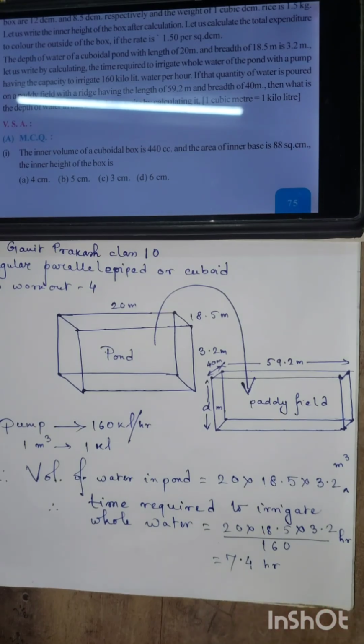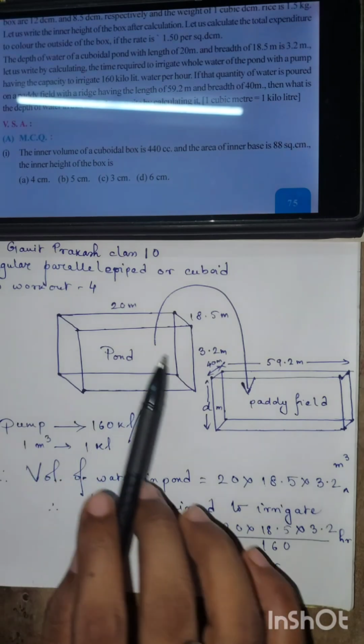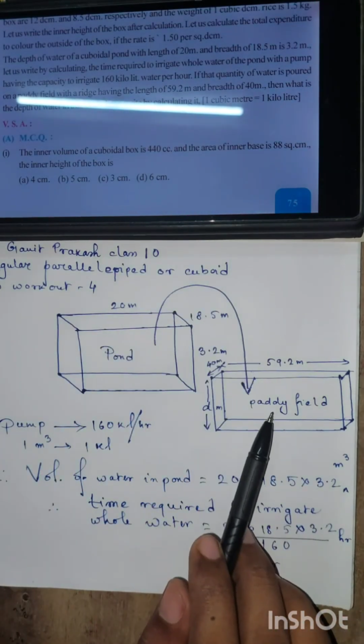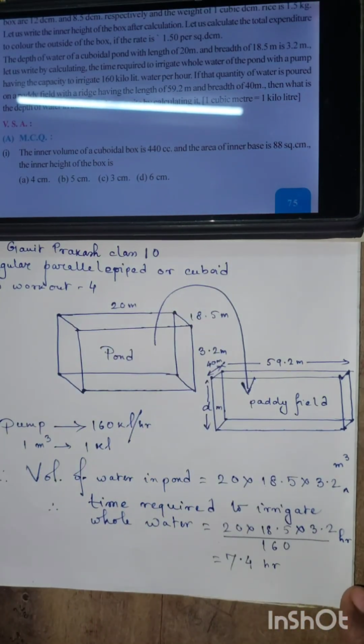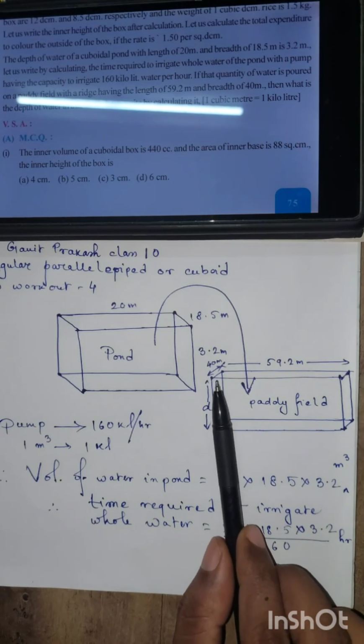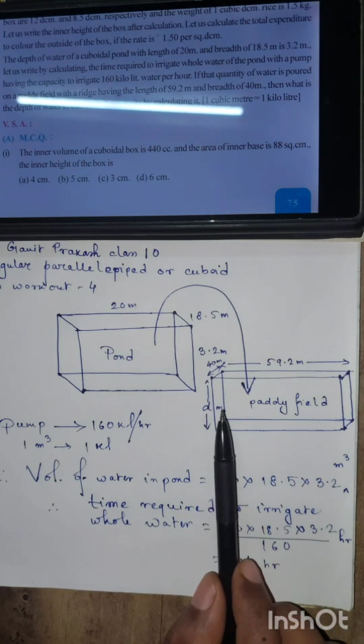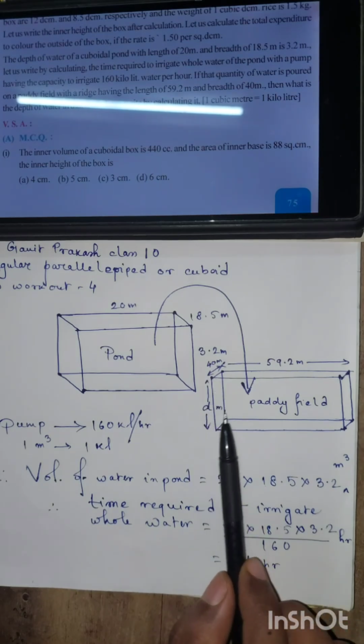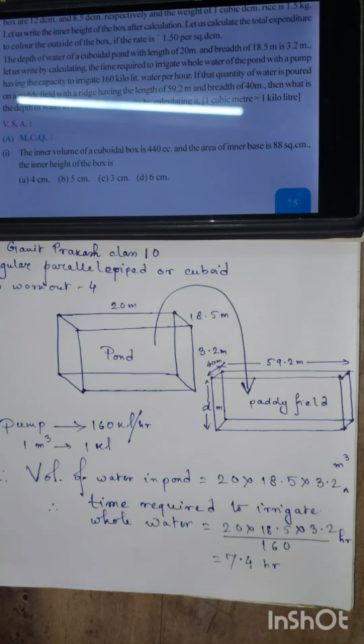Now the second part of the question says this water is transferred to the paddy field. So the water level rises and we have assumed the water level, the height of the water level is d meter.